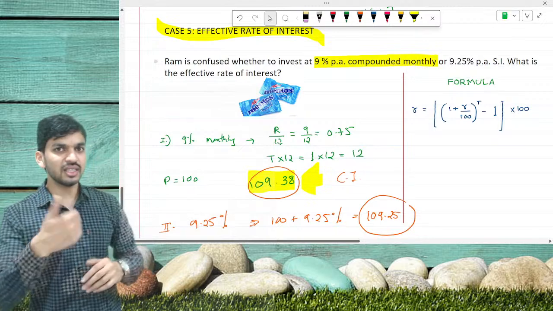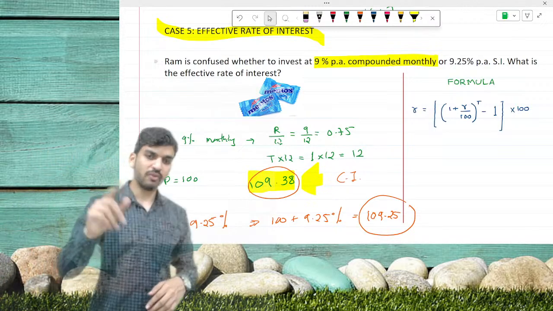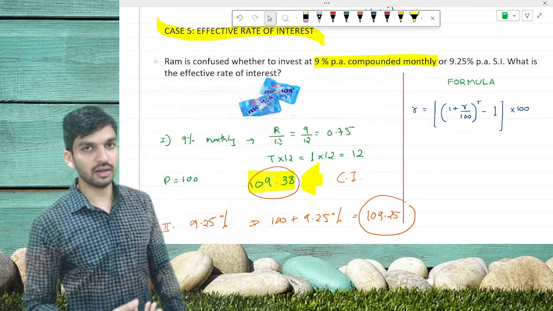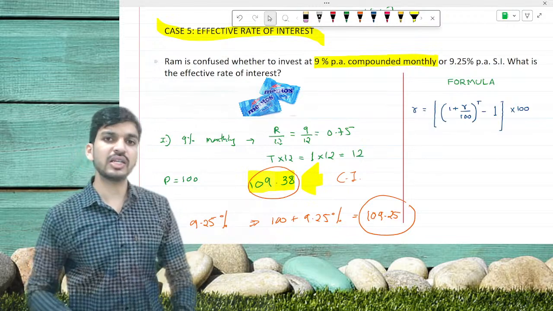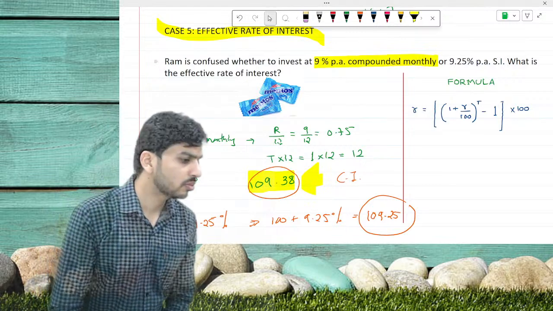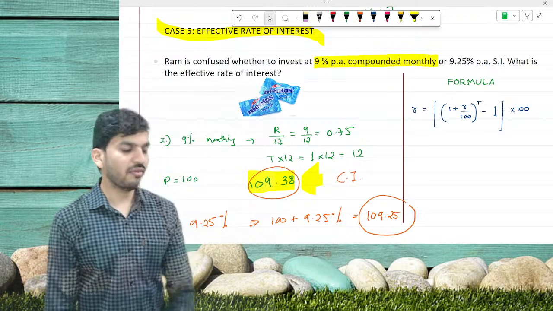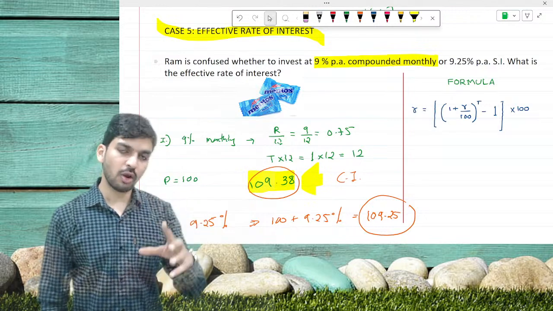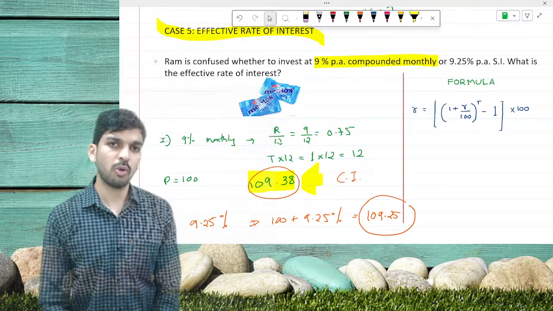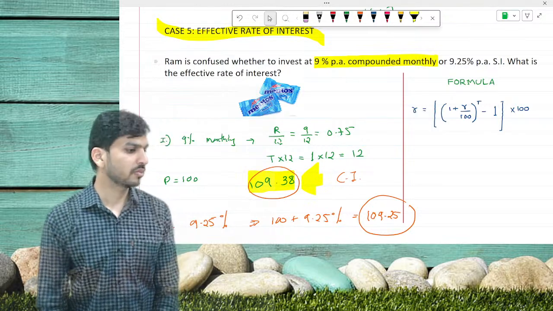And then we compared with the simple interest, which comes out to be 109.25. So again, the greater one is 109.38. I hope you understood it now. Yes, whenever it is not mentioned, we will always consider only 1 year, and always consider the principal amount as 100 only. Okay.